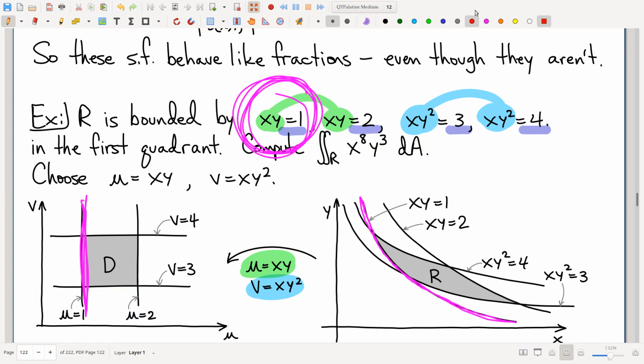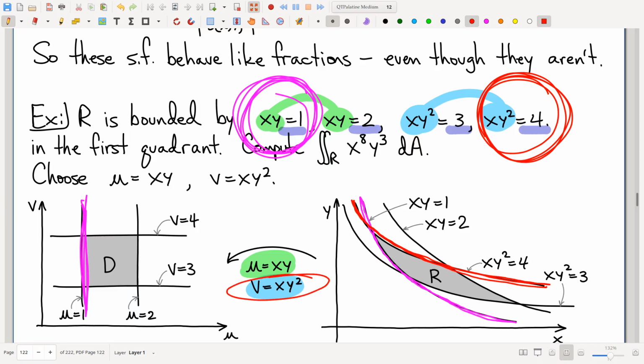For example, let's look at this one here, xy squared equals 4. That's this curve right here. What does that turn into? Well, if xy squared is equal to 4, that just says v equals 4, and that becomes that edge right there. Again, nice and straight and horizontal in this case, a perfectly straight line.